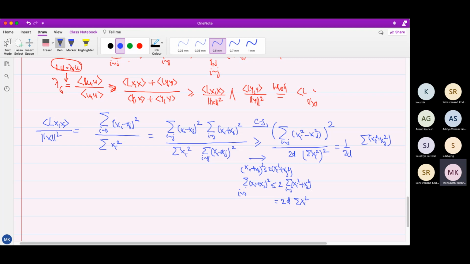To understand this one, look at the numerator. The numerator is the summation of xi square minus xj square over all i adjacent to j. So what we will do is write each of them as a telescoping sum.